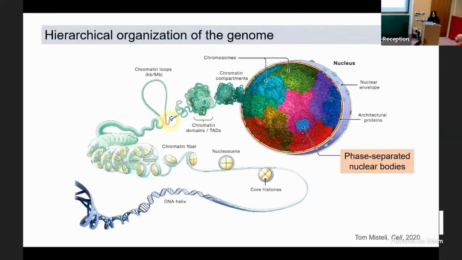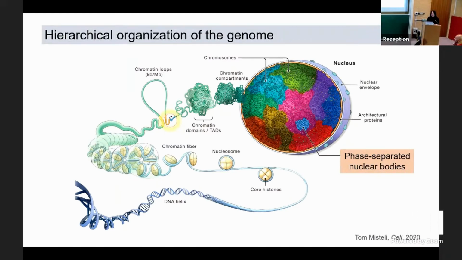I guess for this audience, I do not really need any introduction to the organization of chromatin in the cell nucleus. It is really packed with hierarchically folded chromatin across multiple length scales.